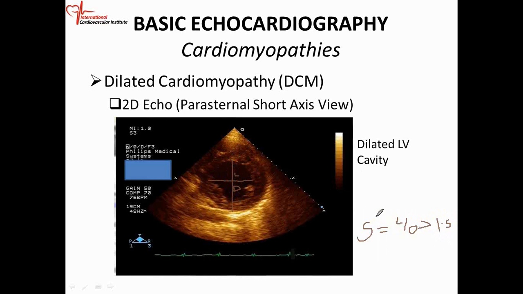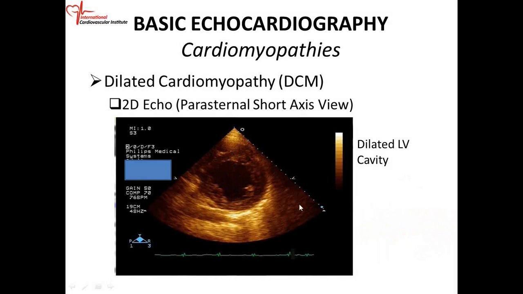So the sphericity index becomes less than 1.5. It approaches 1. Okay, so that's what we call the sphericity index. But the important thing is that the chambers are dilated, and you can see that.